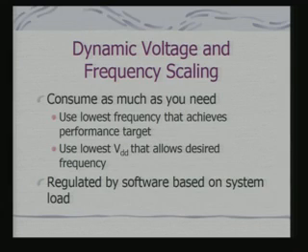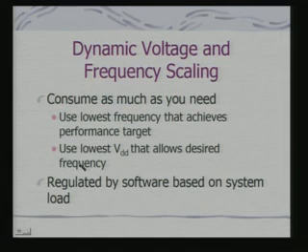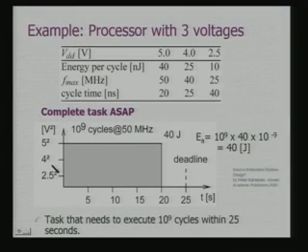But if you really do not want performance better than a particular time period or threshold, you would not like to use a higher frequency, because higher frequency can mean higher power consumption. Also, the same thing is related to the lowest VDD that allows the desired frequency, okay? And this can also be regulated by software based on system load. So, this is known as dynamic voltage and frequency scaling. We shall look at an example to understand this phenomenon.